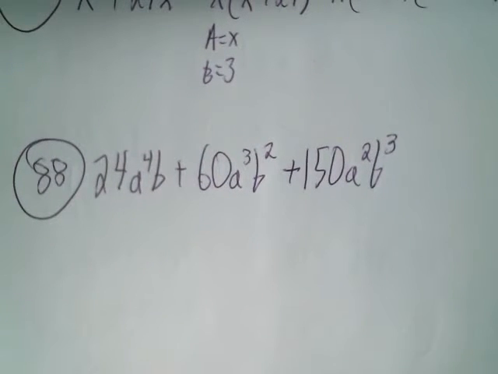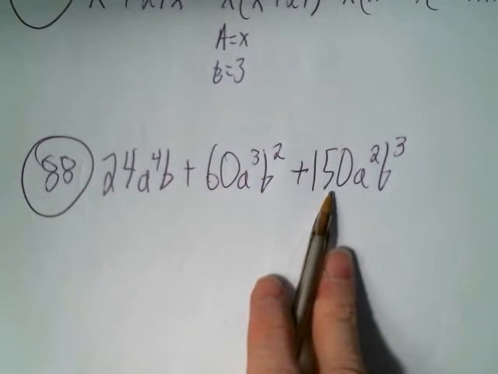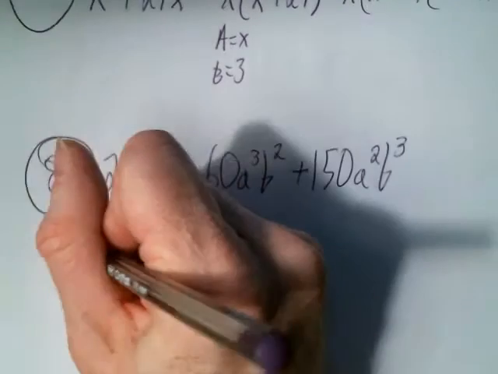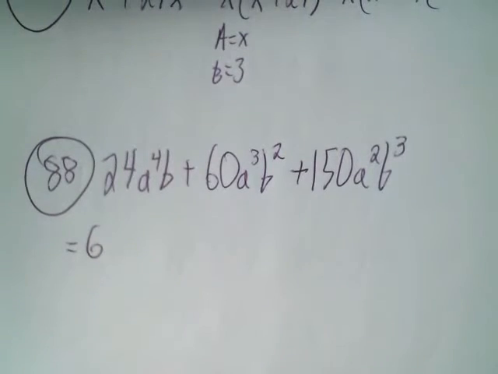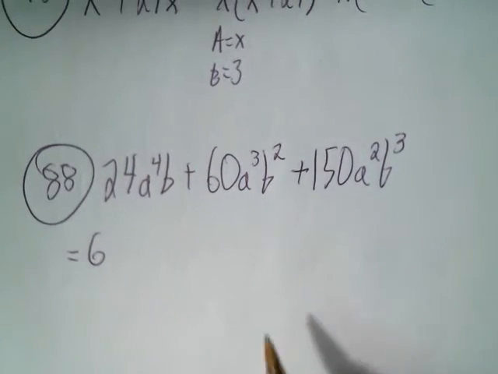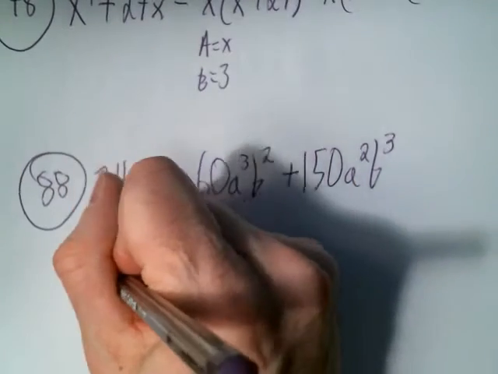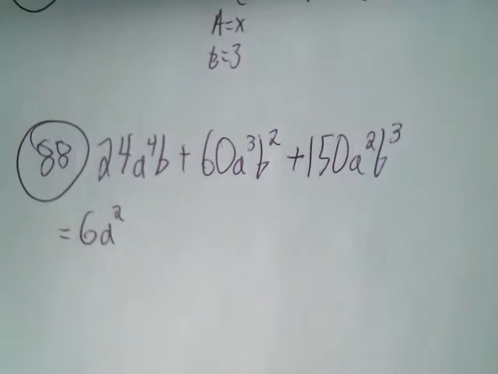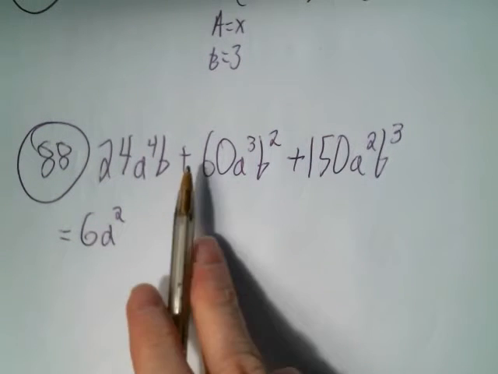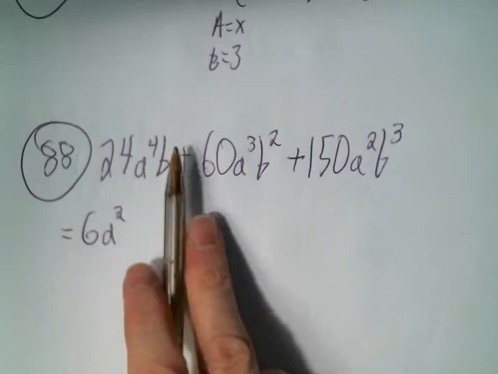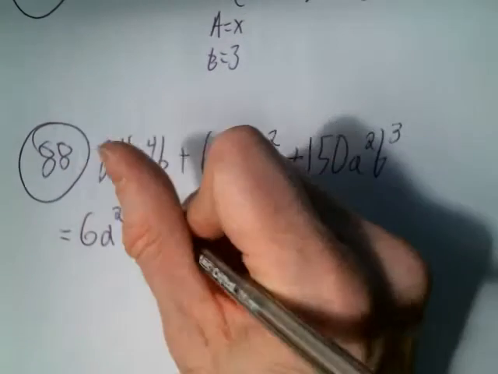Okay, first, pull out any GCFs, and obviously all 3 of these are divisible by 6. It may not be obvious, but if you play around with your calculator, you figure it out. The lowest exponent on the a's is 2, so each is divisible by a squared. And likewise, the lowest exponent on the b's is just 1, so I can pull out a b.